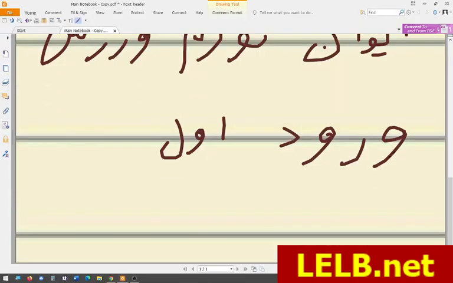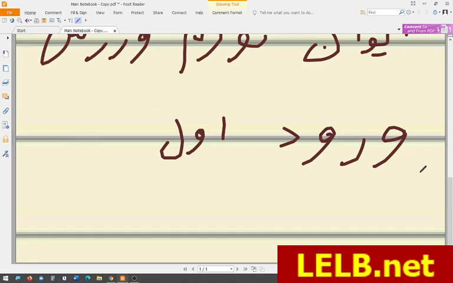And the letter vav with the sound u. Remember, as I said, the letter vav can have a variety of sounds in the Persian alphabet. One of the sounds it can make is v, and the other one is u. In this word, vorud, the first v makes the sound v, but the second vav makes the sound u.